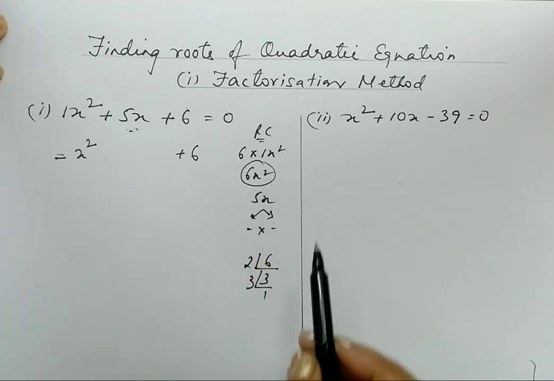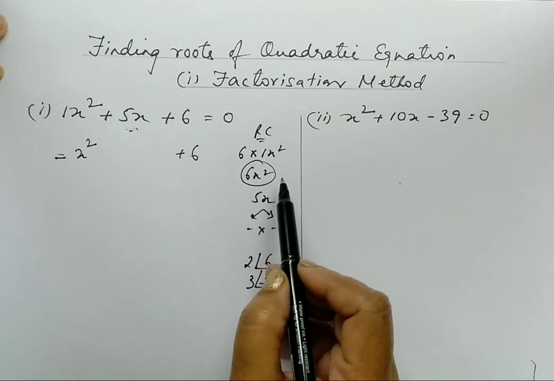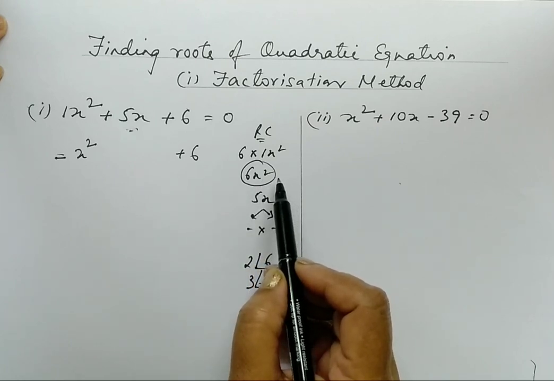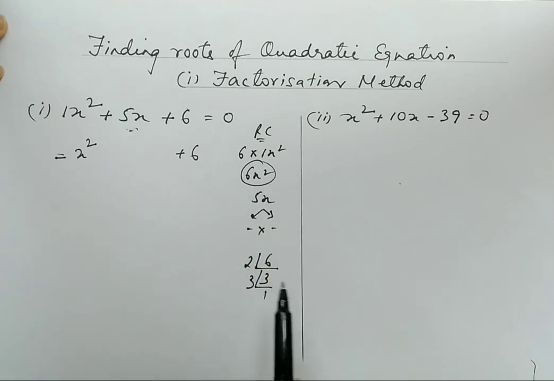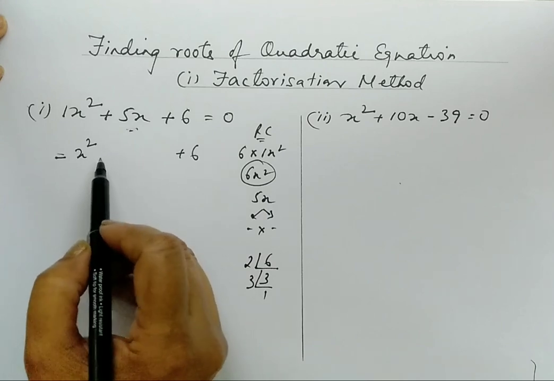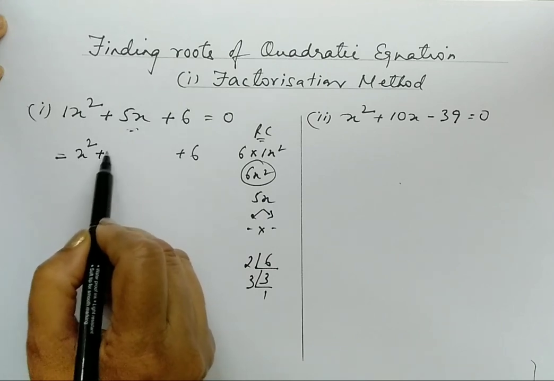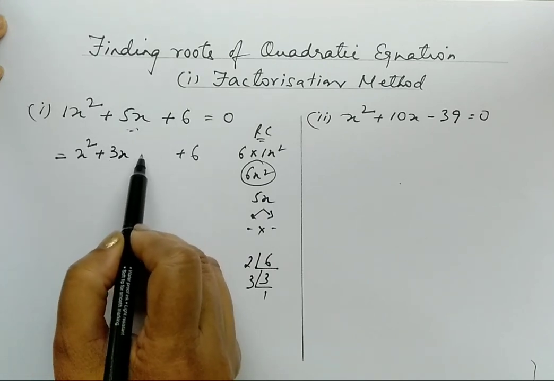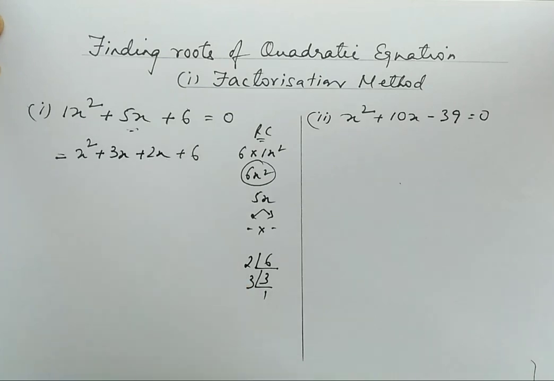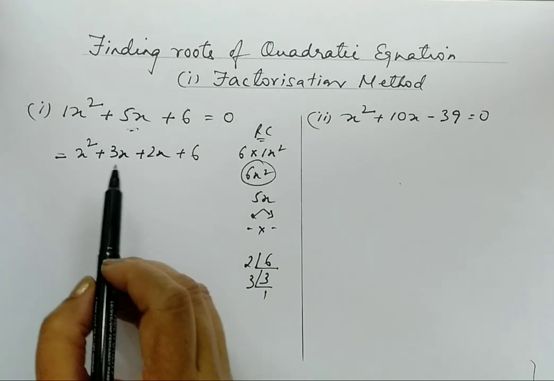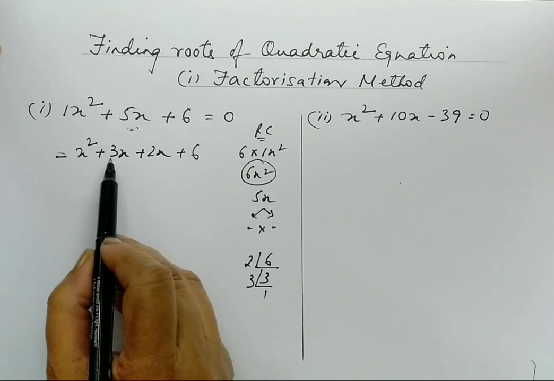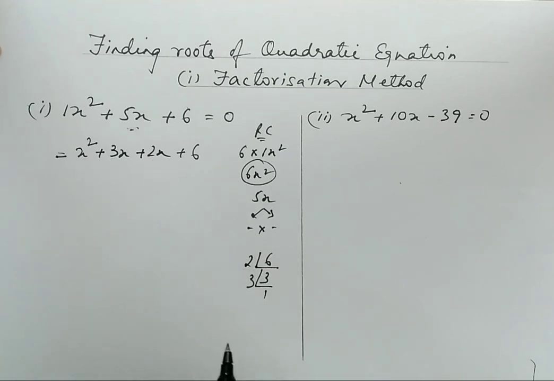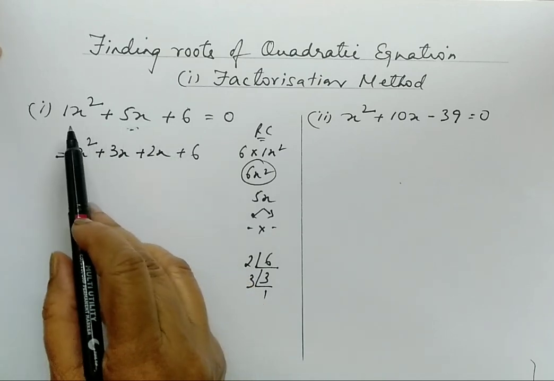X square, I'm not writing here. So I'll just show you how this is to be done. So we have 2 and 3 here. So here can we not put 3x plus 2x? Now look at it. This is so interesting. 3x into 2x will give me 6x square.